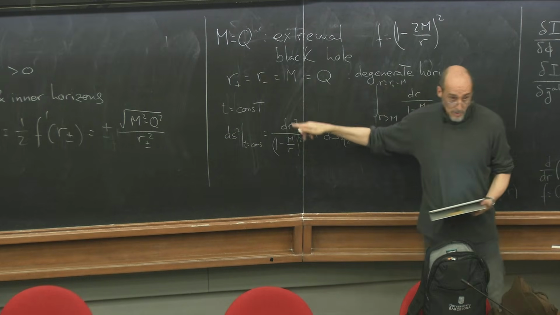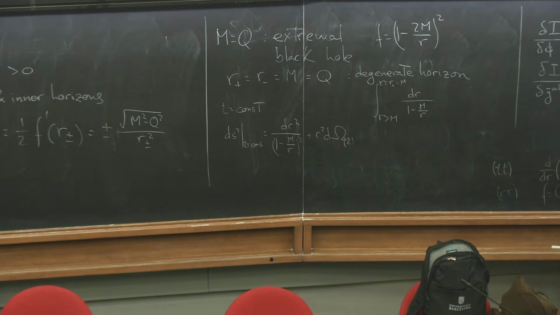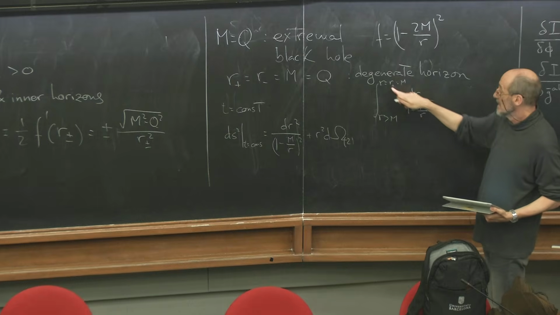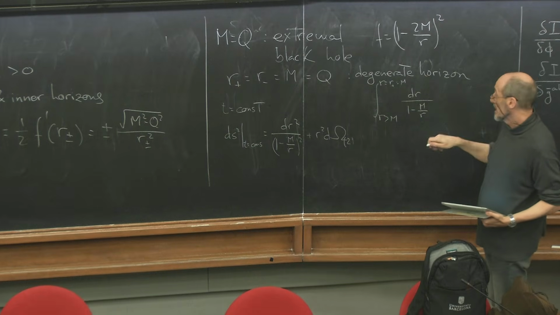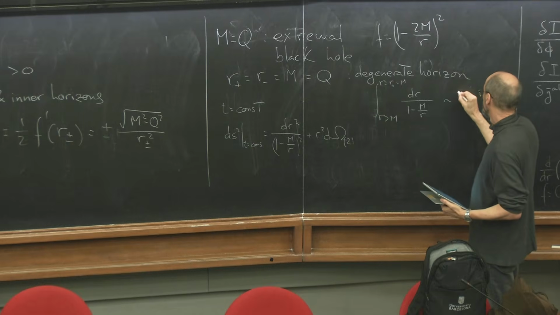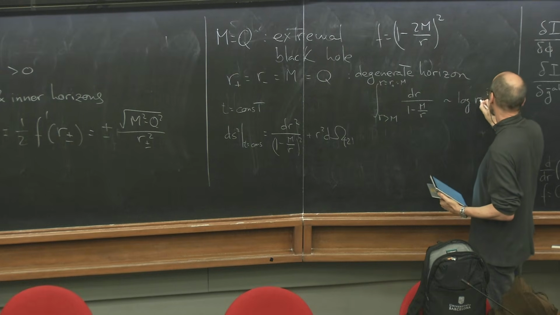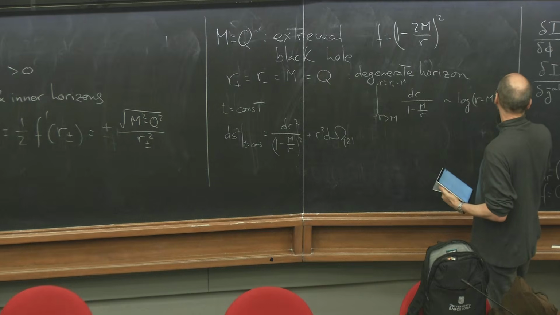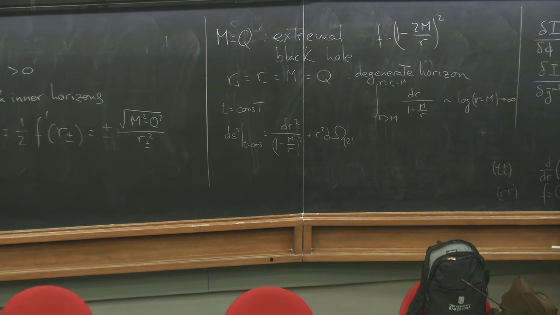Proper distance is going to be the square root of this. At r equals m, this has a log divergence. So this means that these horizons are at infinite space-like distance.